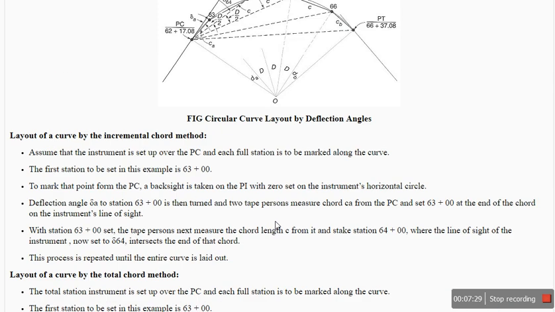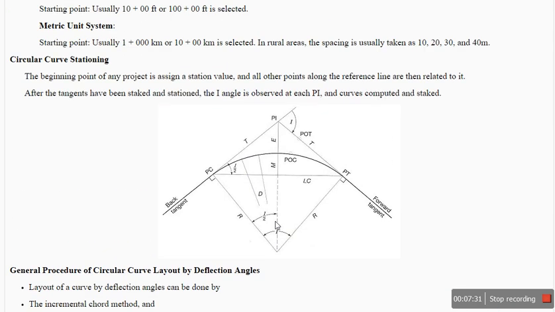So if you want to set out a curve on a field using chain or tape, we have many methods, like coordinates from mid-ordinate, long chord extended, offset from the curve, offset from tangents. There are many things. Then we have the one theodolite method.